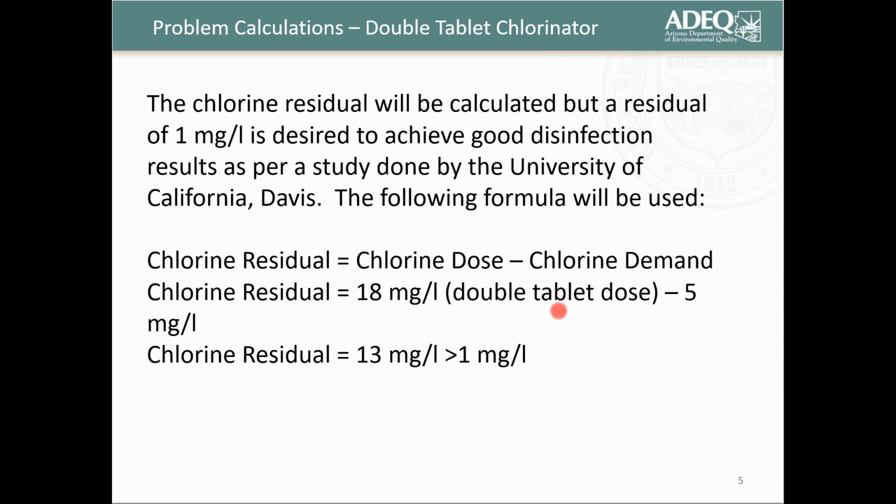So since we have a double tablet, double stack, we're going to have two 9 milligram per liter tablets. It's 18 milligrams total minus 5. So our chlorine residual is 13. And that chlorine residual in this case is going to be equivalent to free chlorine residual.